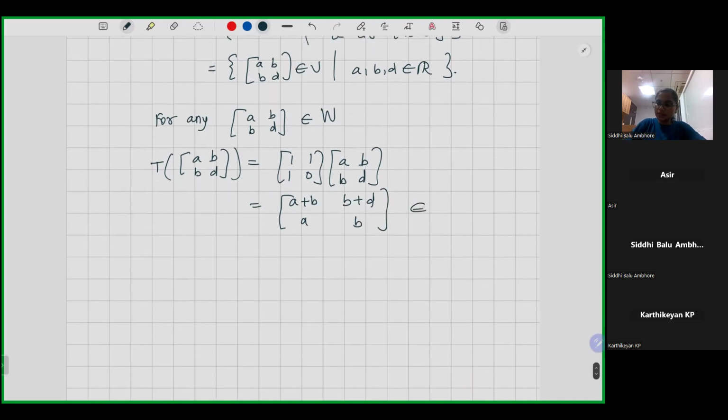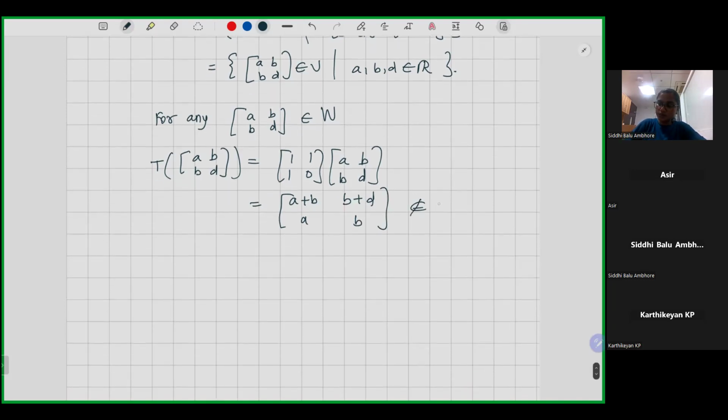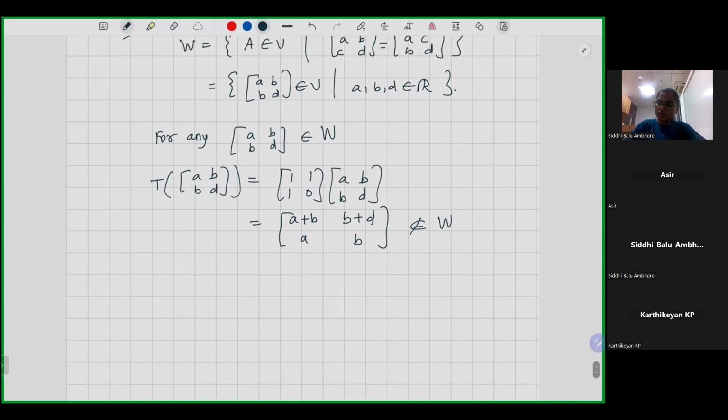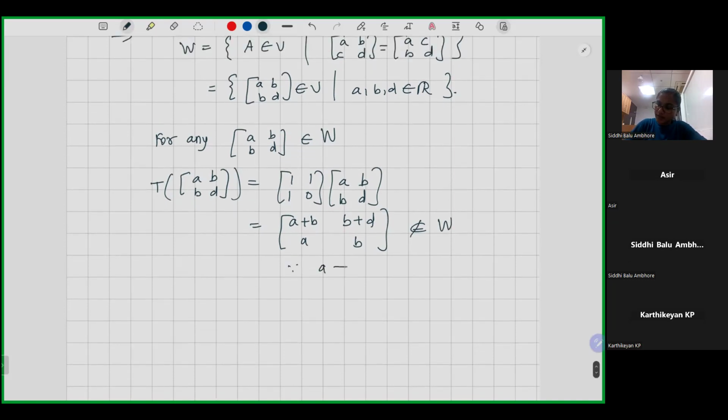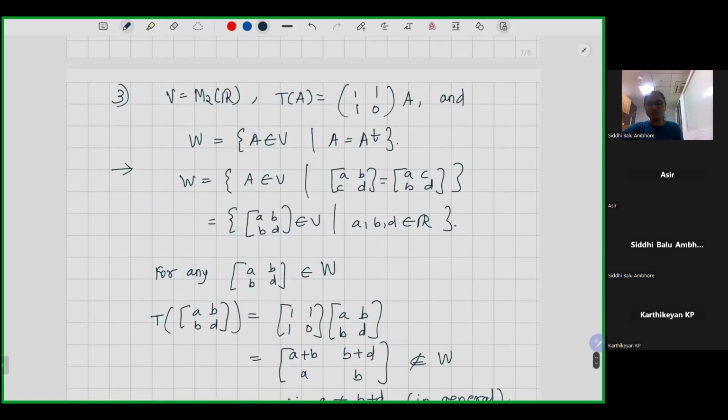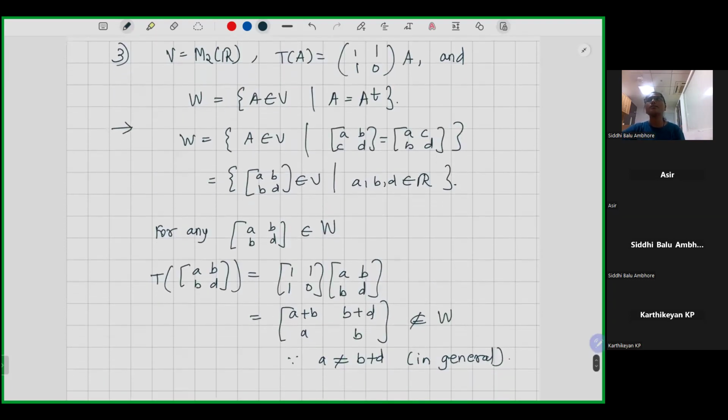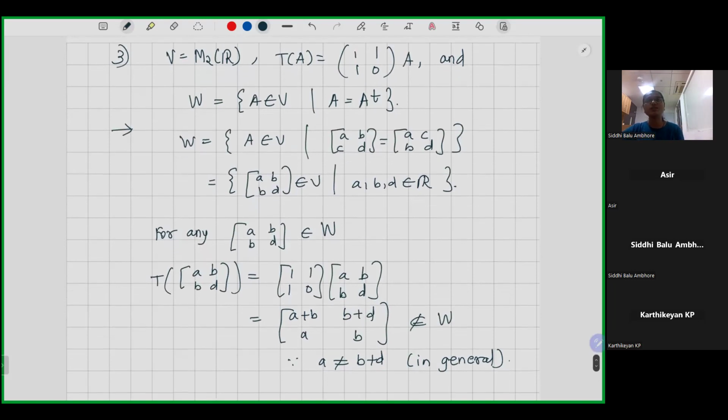And this doesn't belong to our W because a is not equal to b plus d in general. It could be, but in general, this is not true. Is it okay? Just simple calculation, following the definitions and everything.